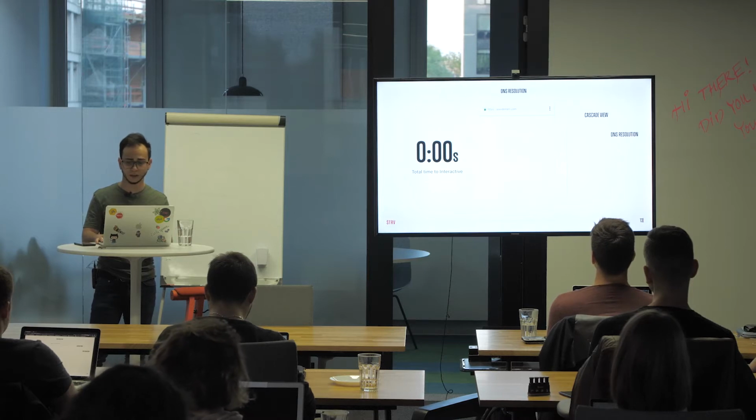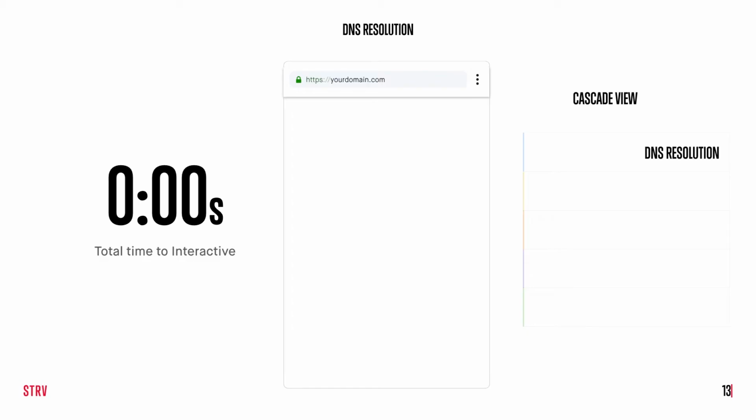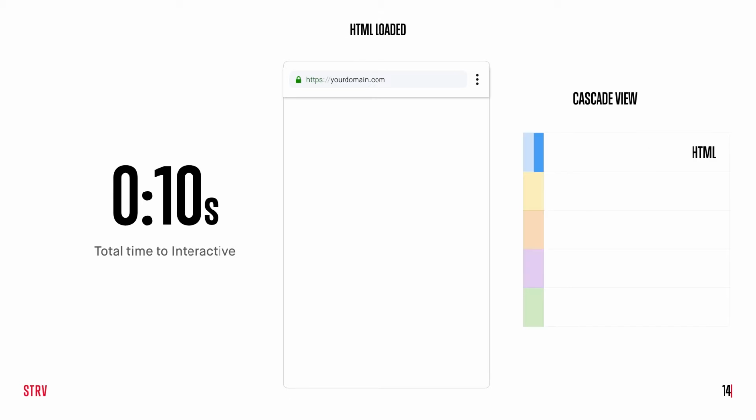The first thing that's going to happen is that your browser is going to do a DNS resolution, which checks on a server which IP address this domain name matches. After that, it's going to start the actual fetching. Once it starts fetching the HTML, it's going to take a little bit. Our HTML is pretty small in an SPA, so it's not going to take too much.